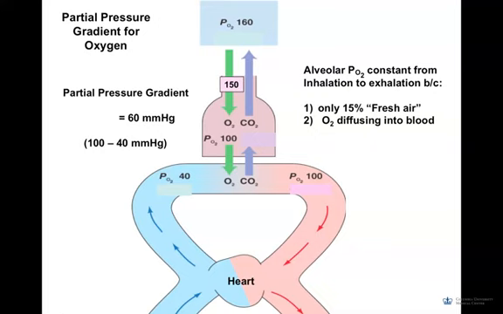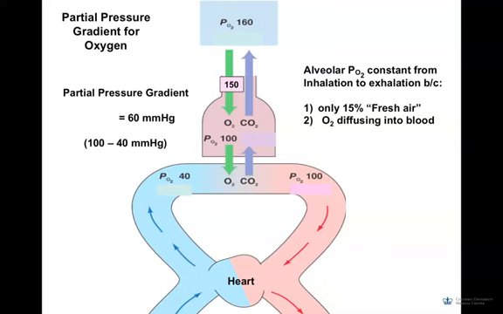So at the site of gas exchange, right, the interface between the alveoli and the pulmonary capillaries, the partial pressure gradient for oxygen movement is 100 in the alveolar space compared to 40 millimeters of mercury in the pulmonary capillary space. So the magnitude of this partial pressure gradient is the difference between those two values, which is 60 millimeters of mercury. And that's a fairly sizable partial pressure gradient.